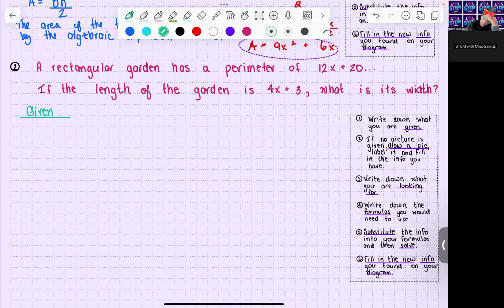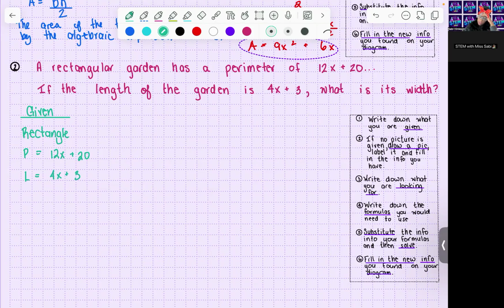So what am I given? I have a rectangle. Very important to talk about what shape you have, because every shape has its own little formulas. So I am dealing with a rectangle. Its perimeter is equal to 12x plus 20. Its length is equal to 4x plus 3.